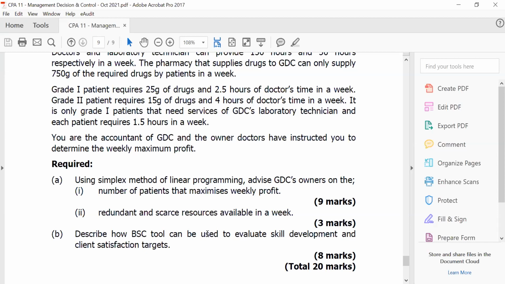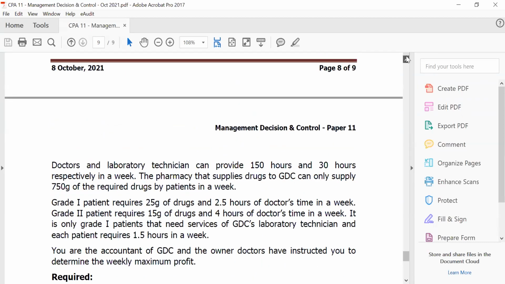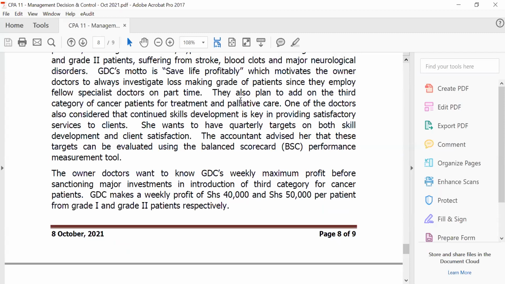Now for this question specifically, where they asked us to describe how the balanced scorecard can be used to evaluate skills development and client satisfaction targets. Remember, skills development and client satisfaction were among the parameters. They said here that they also plan on the third quarter. She wants to have quarterly targets on both skills development and client satisfaction.